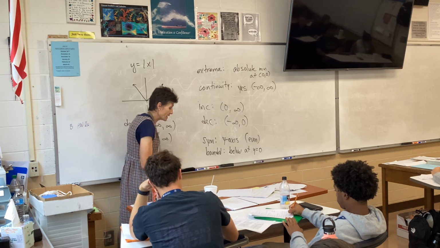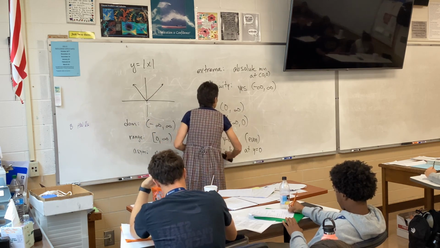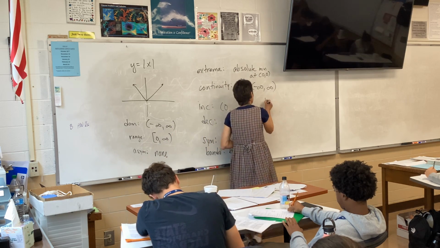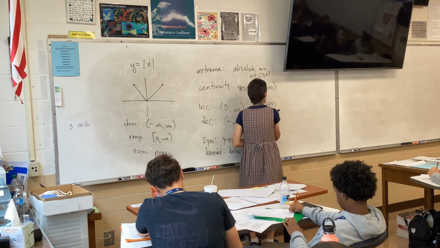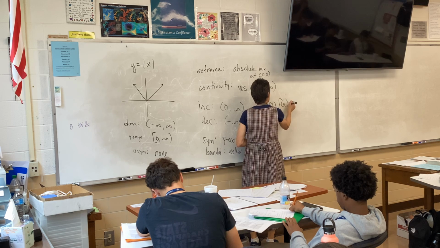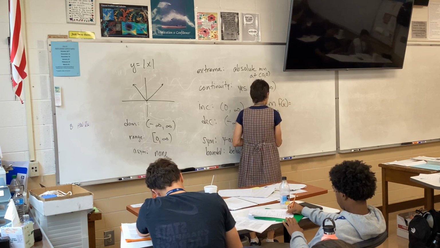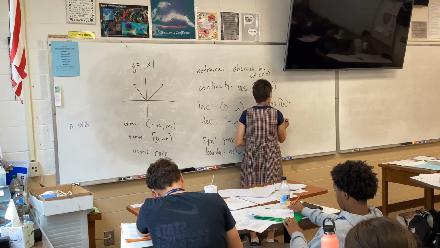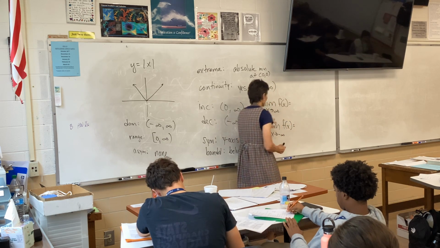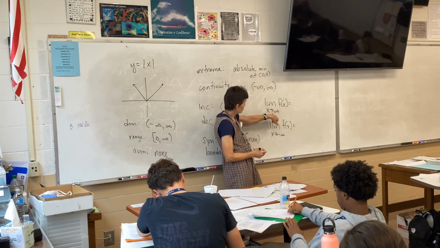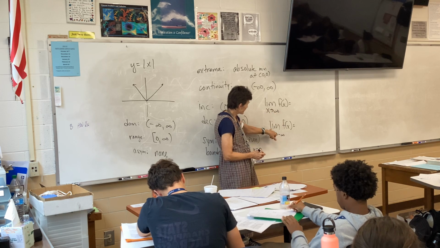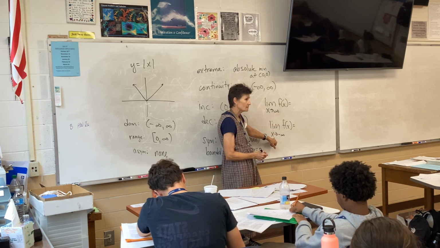Okay? And then end behavior. You will lose points if you do not use the correct notation for your end behavior. End behaviors are limits. They're the limit as we approach infinity and as we approach negative infinity.